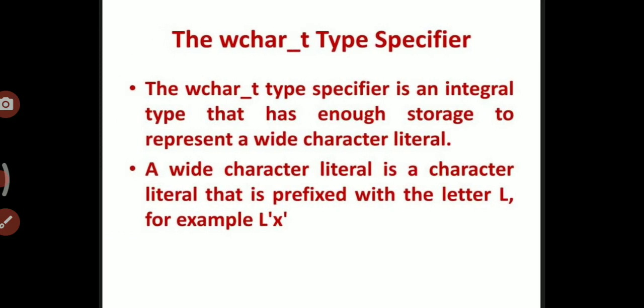The wchar_t type specifier is an integral type that has enough storage to represent a wide character literal. A wide character literal is a character literal that is prefixed with the letter L, for example L'X'.